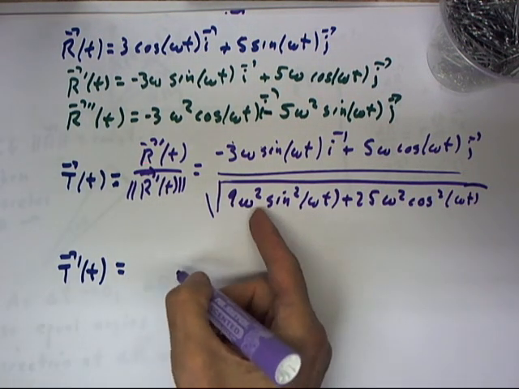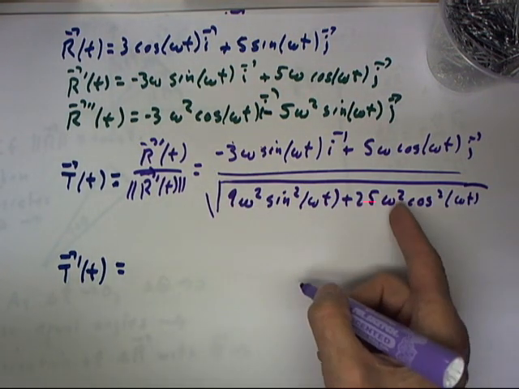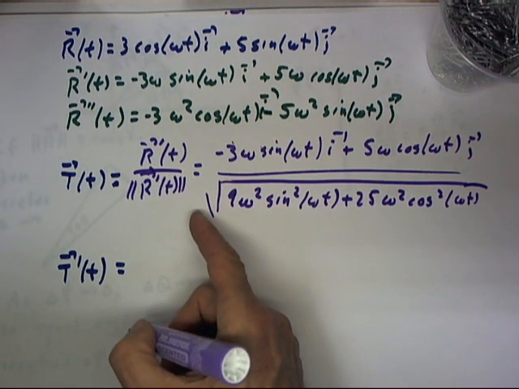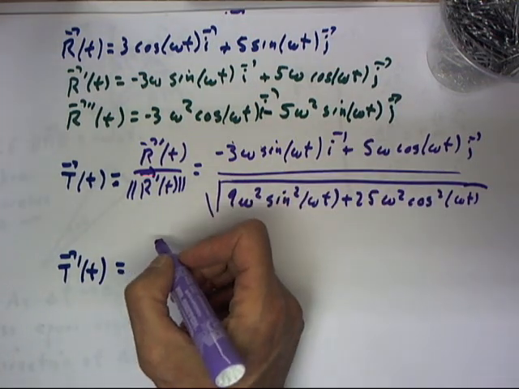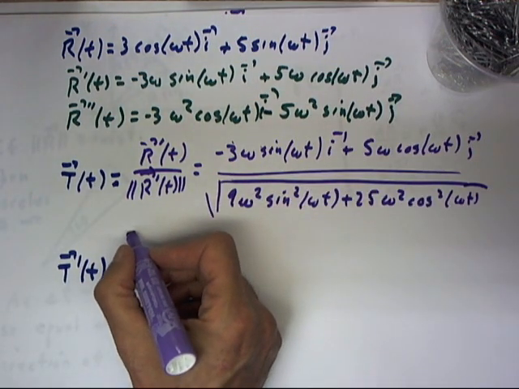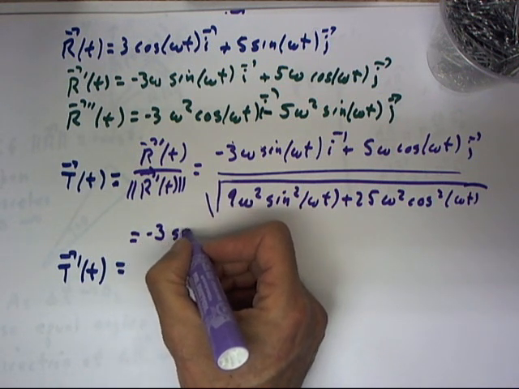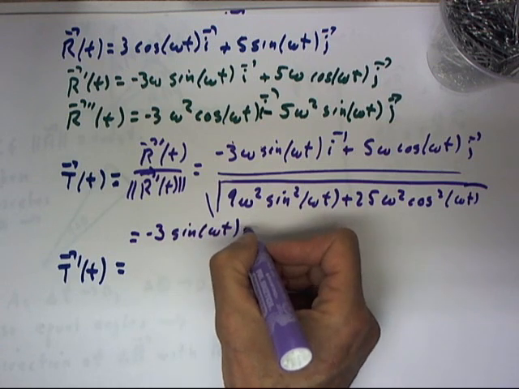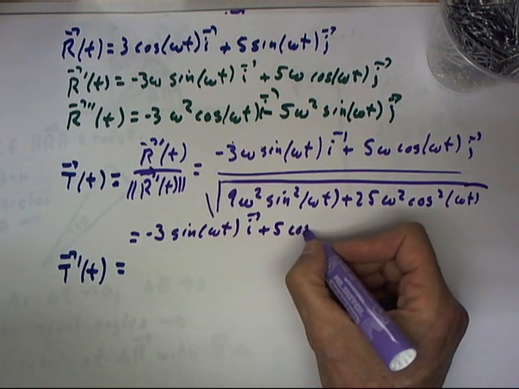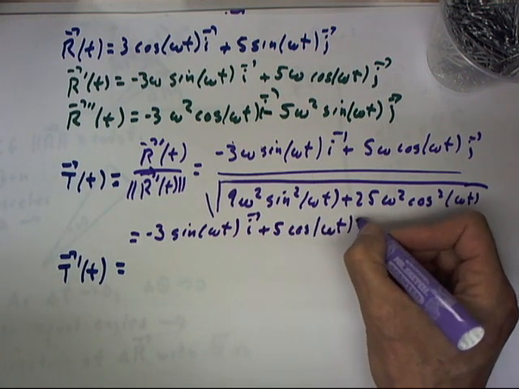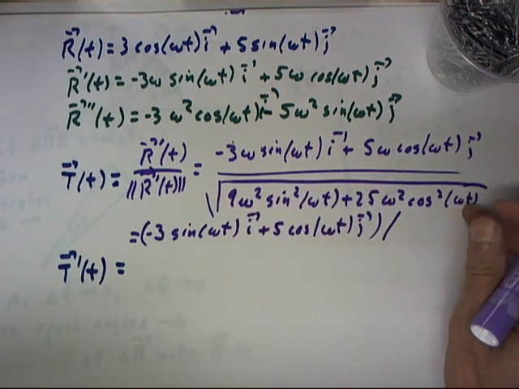Now, the square root has a common omega squared that can be factored out, giving us an omega, and that's going to divide our omegas so that our unit tangent vector becomes negative 3 sine of omega t i plus 5 cosine of omega t times j, divided by this square root.